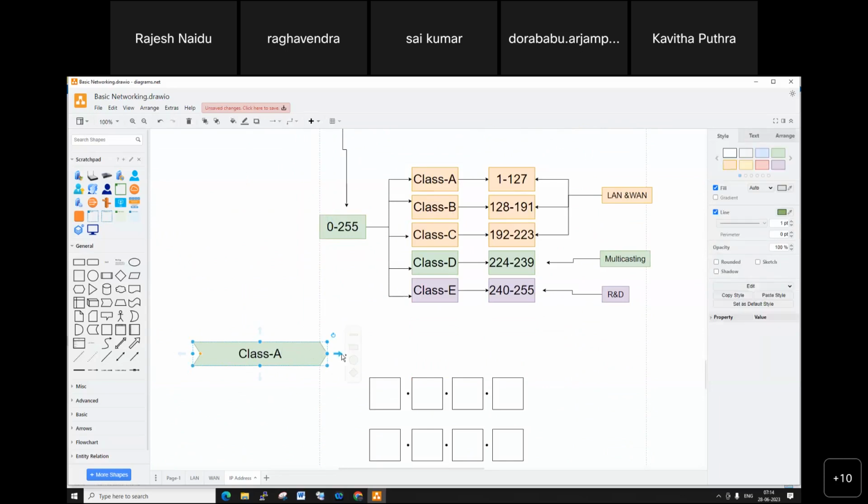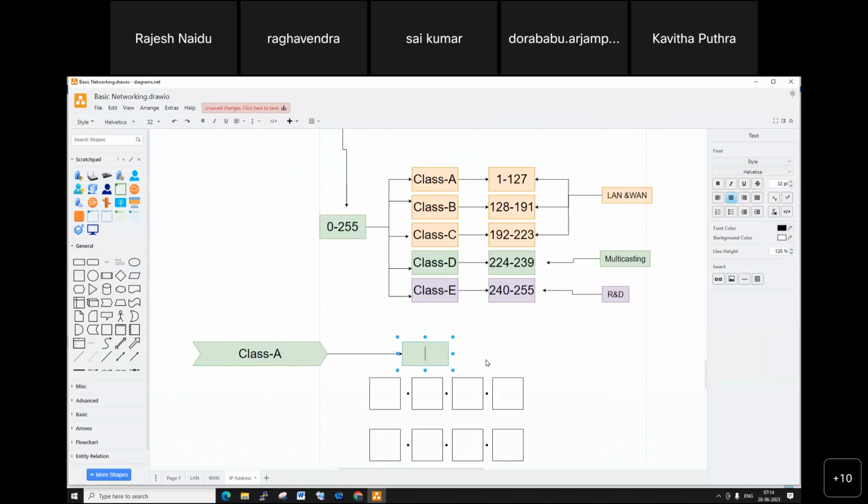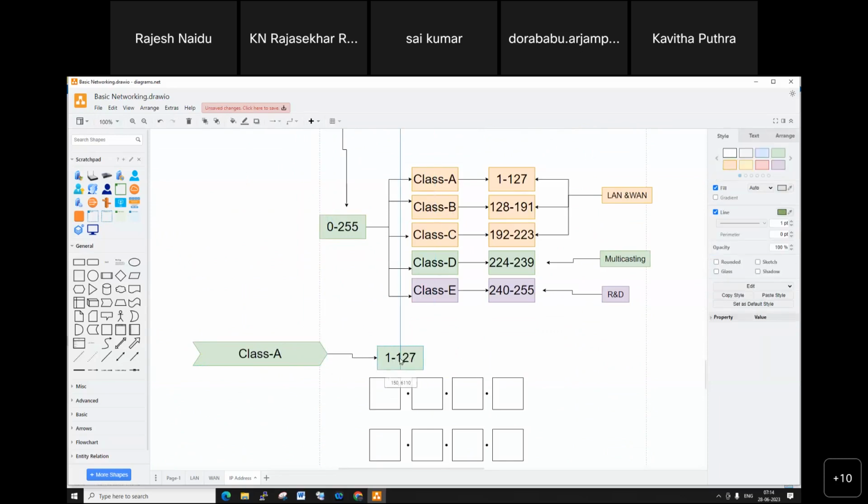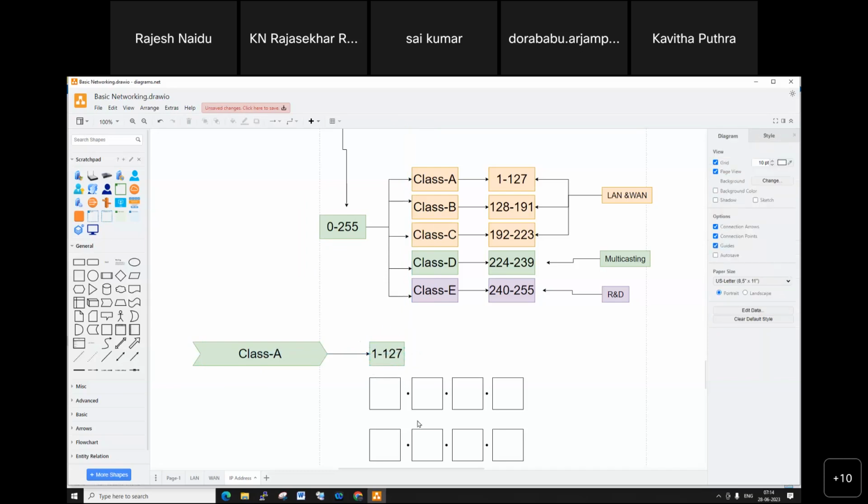Anybody can tell me? The network range is 1 to 127. This bit is only in the first octet.